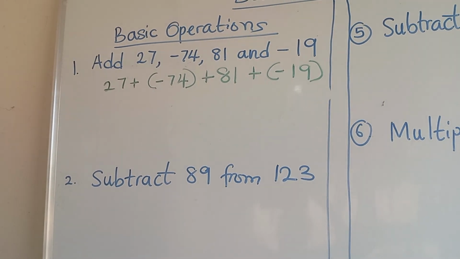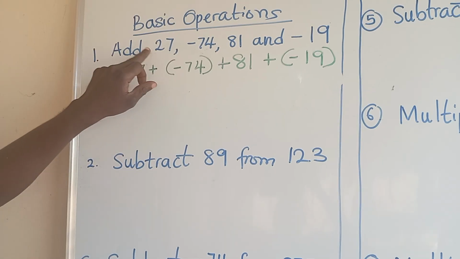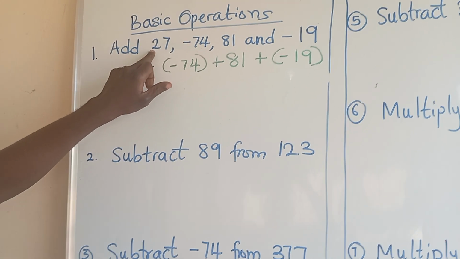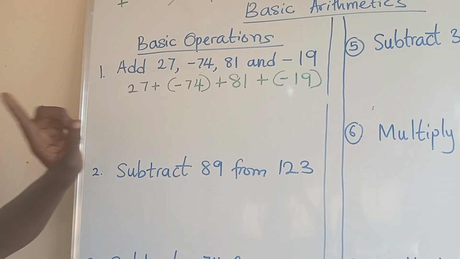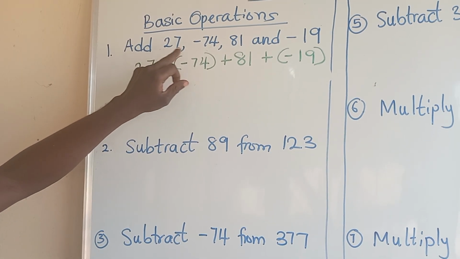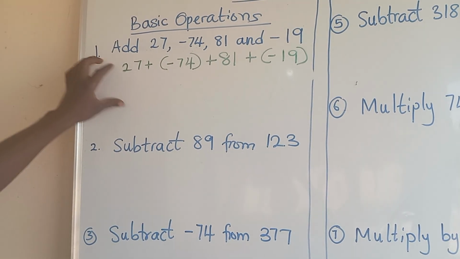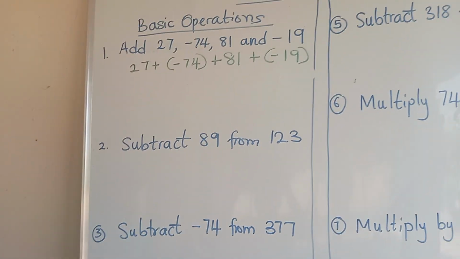A quick one: anytime you see a number without a sign, automatically you should know the sign in front of that number is the addition sign, that is the plus sign. But if a sign is negative, it will be indicated there. What is the first step in attempting this kind of question?